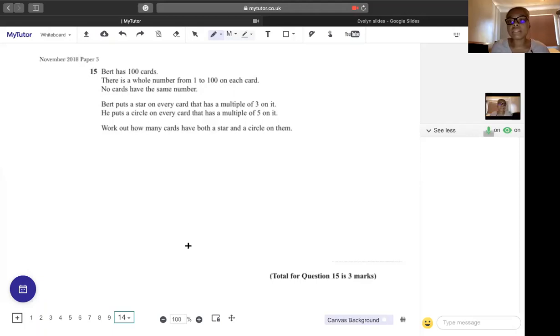The way I would say to do this question, and the least confusing way, is to list your multiples of 5 and see how many of them are actually multiples of 3 as well, because we just want to find the numbers which are multiples of 3 and multiples of 5. You could do it either way as well. You could list all your multiples of 3 and see how many are multiples of 5 between 1 and 100. The only reason I'm saying multiples of 5 first is because you'll have fewer multiples, since it's a larger number. So let's start with multiples of 5.